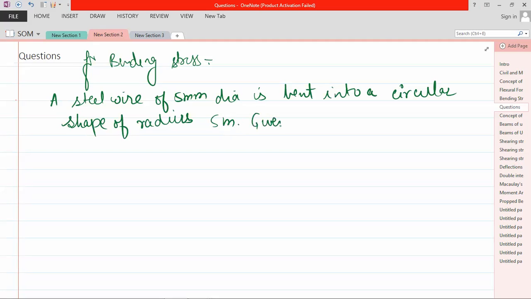Given E is equal to 200 gigapascal, what is the maximum stress induced in the bar? Okay, maximum stress, that is bending stress induced in the bar.